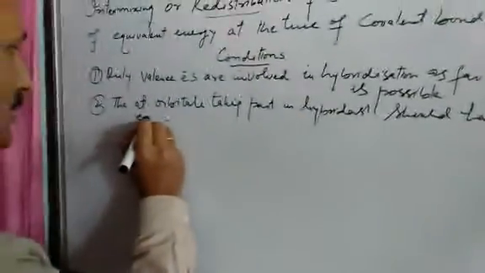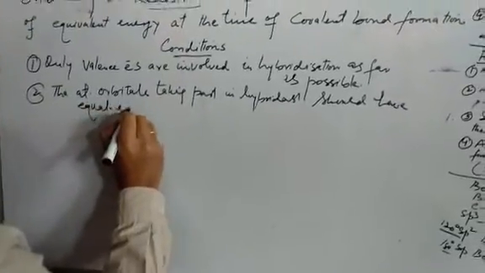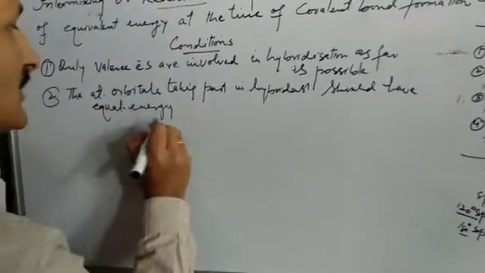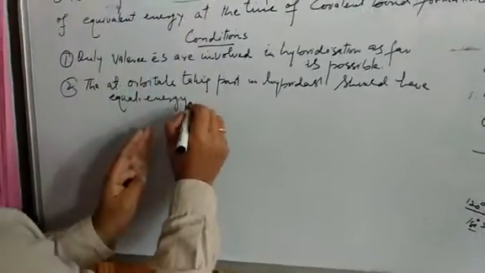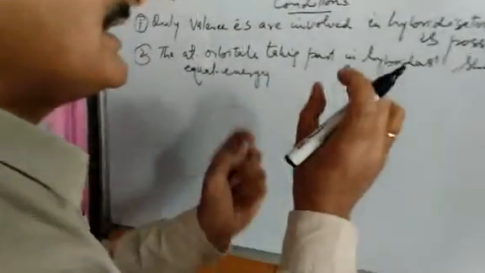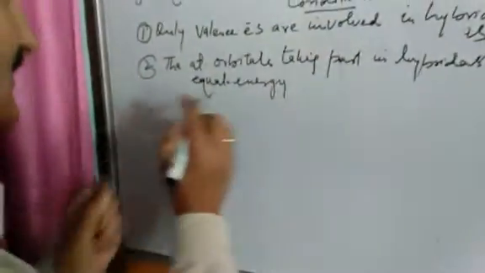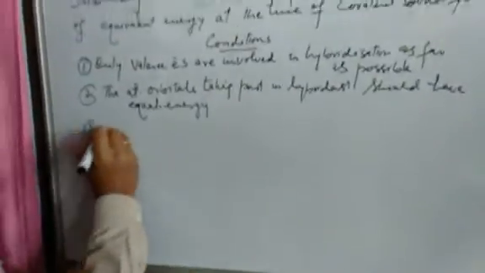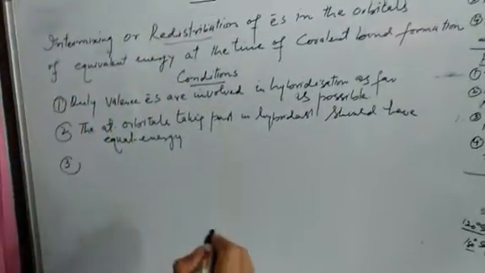Only those atomic orbitals hybridize which have equal or approximately equal energy. If there is any difference in their energy, it should be very small. So this is another condition for hybridization.